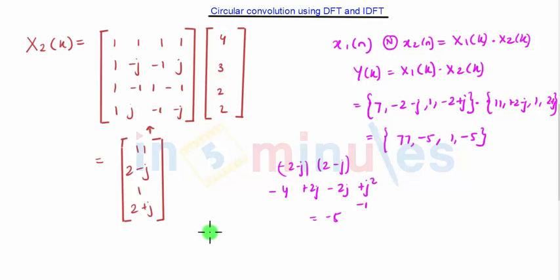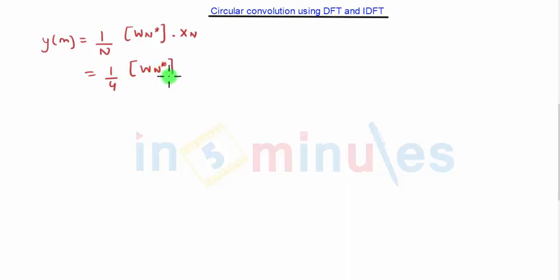Now for calculating the circular convolution, that is y of n, which will be the final result, we have to calculate the IDFT of y of k. So according to the definition of IDFT, we have y of n is equal to 1 by N, that is the period, into W N star into X of k. Now N is equal to 4, so we will write 1 by 4 W N raised to star into X of k.